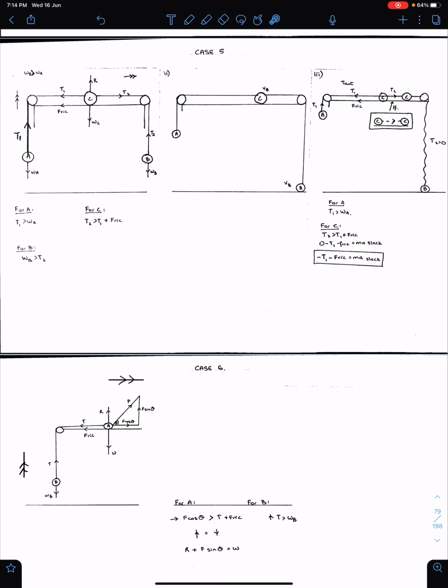Well, for T1, you need to use the same inequality because A is moving vertically upward. For C, you need to use this inequality. T2 must be 0. T1 minus friction is equal to M a. With the help of this equation, you can get a for the motion of particle C. So you always use these inequalities in the later part.